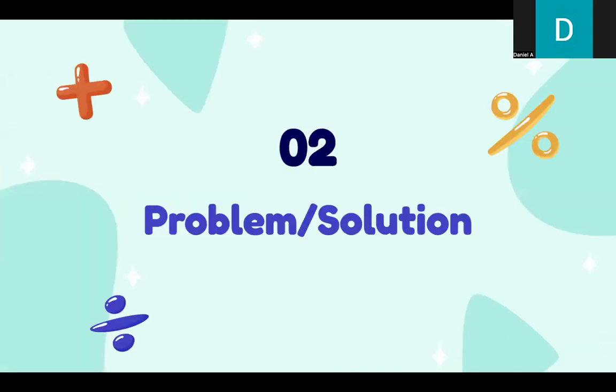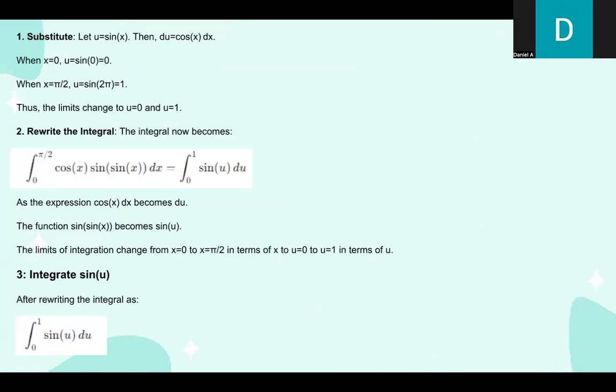Now, we're going to go over the problem that we did today and just present the thinking process, basically. All right. First step of this problem is substitute. So let's use u equal sine of x, then du will equal cosine of x dx, my bad.